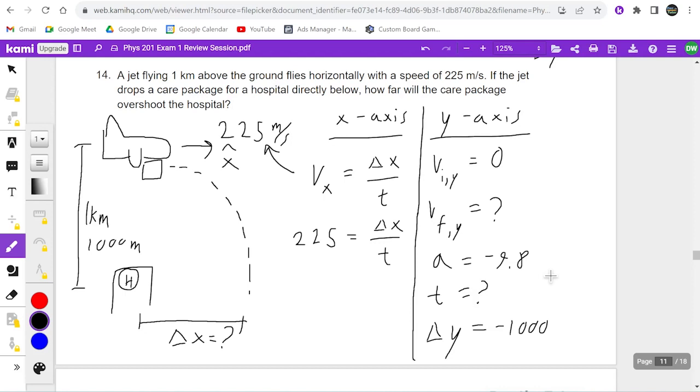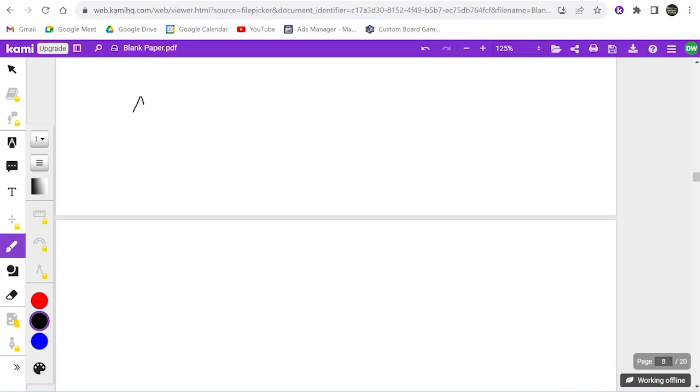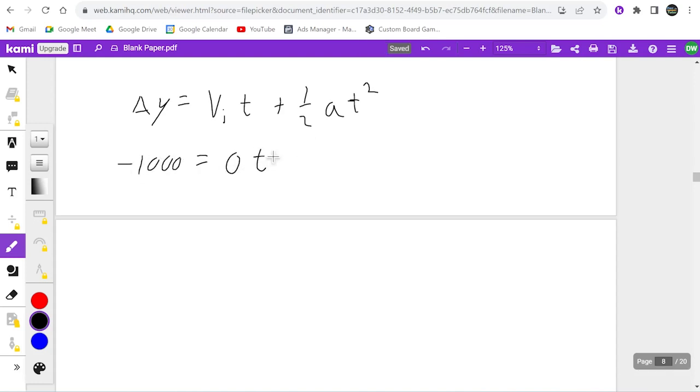And the answer is the second equation. And that is delta y equals v initial times time plus 1/2 at squared. So like we said, delta y is negative 1,000. V initial is 0, so that part just goes away. Plus 1/2 times negative 9.8 times t squared.